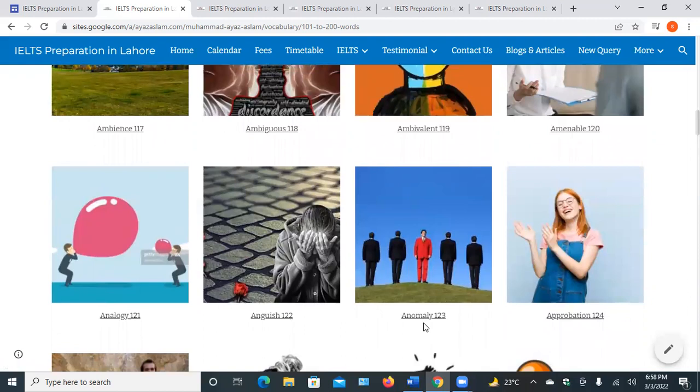Anomaly means abnormal, irregular, deviation, and variation. Okay. Sayyid Farhan, what is the meaning of approbation? Approbation means, ma'am, approval, acceptance, support, encouragement, endorsement. Okay, good.